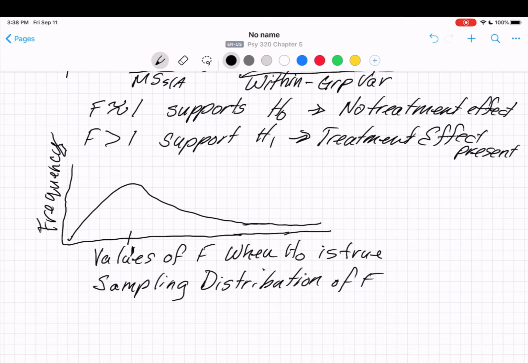And then we would look at the area under this curve, and we find a line where this area alpha equals 0.05. And on the left side, we have 1 minus alpha, which would be 95% of the area. And so we would call the area to the right the rejection region.